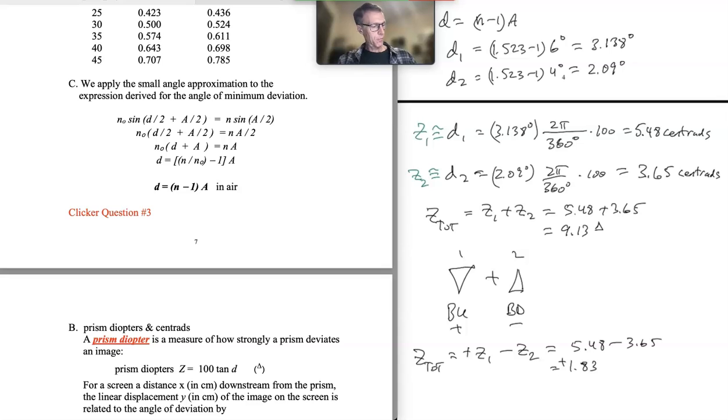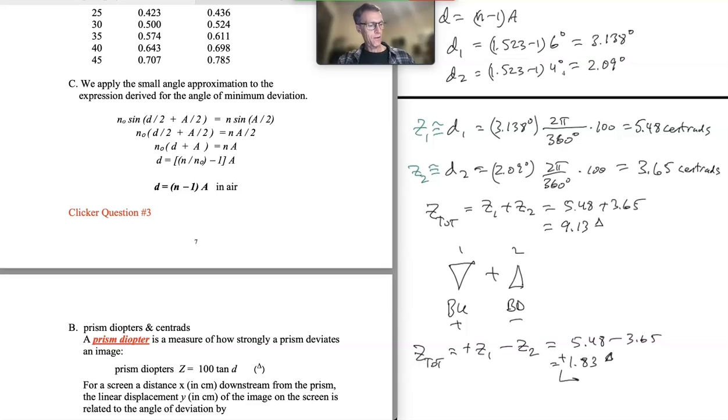Again, that's prism diopters. And what the positive is telling us is that the overall combination of these two prisms is acting like a positive, which in my choice of signs meant base up. So this is like an overall base up prism with a total power of 1.8 prism diopters.